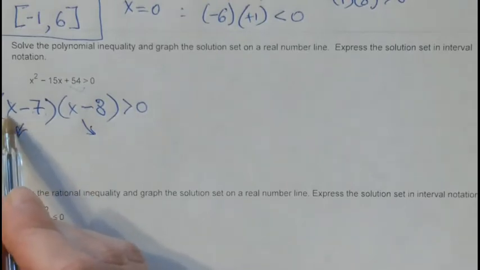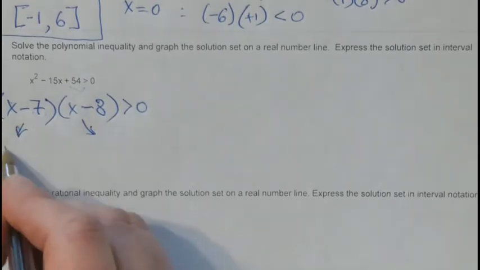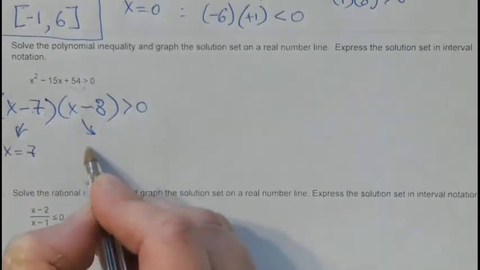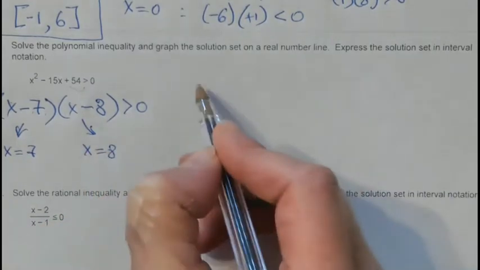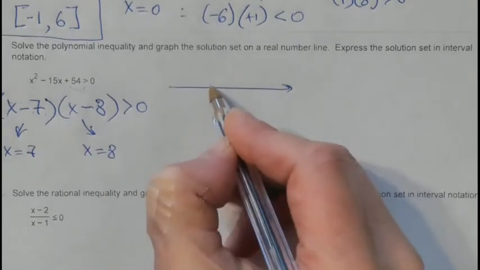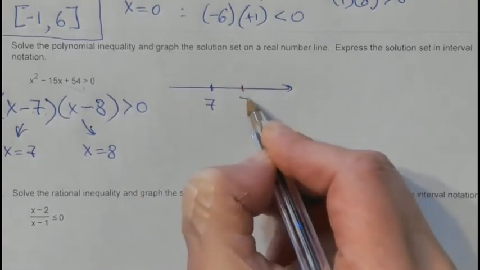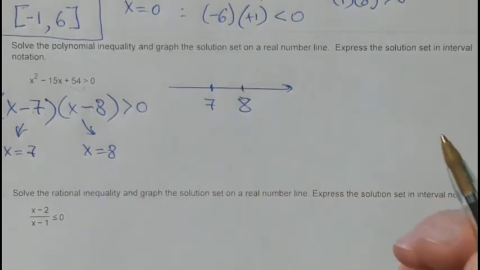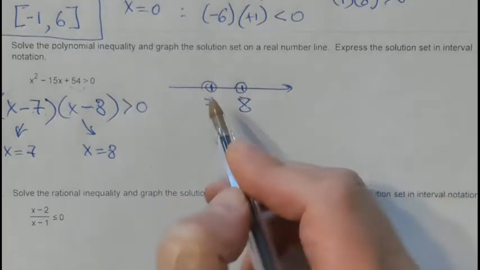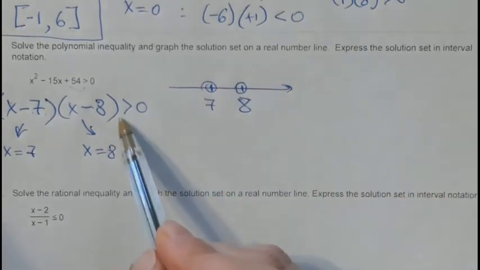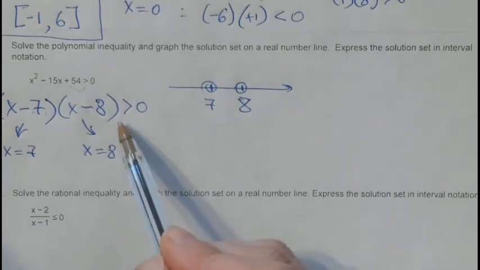The zero of the first factor is x equals 7. The zero of the second factor is x equals 8. So 7 and 8. The zeros should be excluded from the solution set because we have greater than but not equal sign.